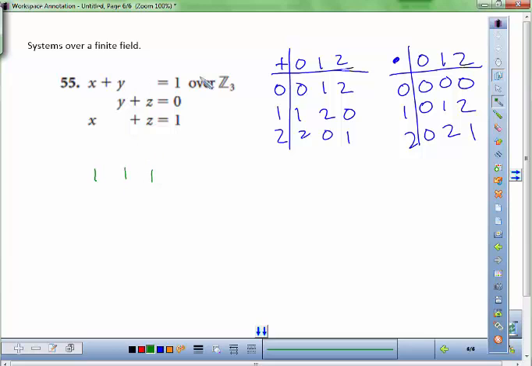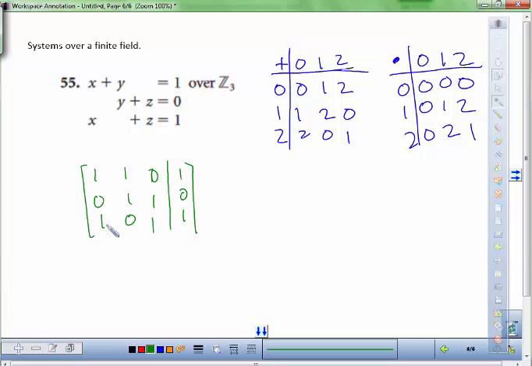This has 3 variables and 3 equations. Whoops, 0? Thank you. So 0, 1, 1, and 1, 0, 1. So here is our augmented matrix.